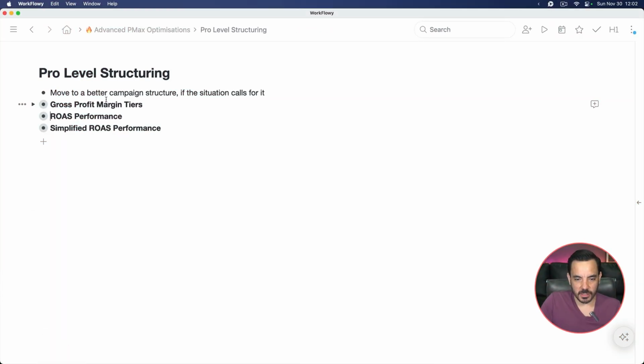Okay, and then finally, we have the simplified ROAS performance structure. This is a really simple version of the previous one, and it's safer and easier to move to if you just want something simpler that at least fixes those low ROAS products that were dragging down your average and were below break-even point.